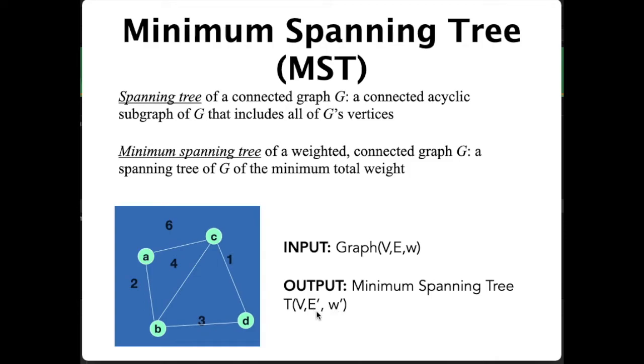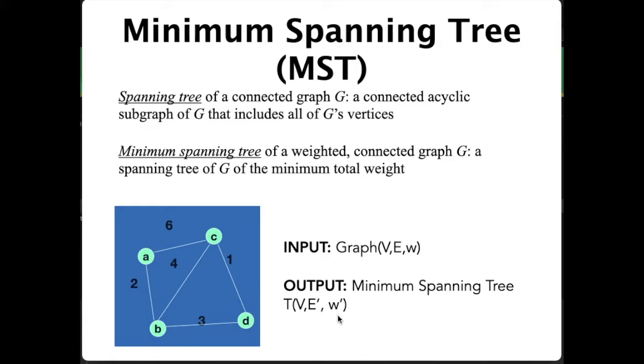Well, nabanggit ko before that the most intuitive way to solve a problem is by exhaustive search. We can generate all possible spanning trees given a graph. Pero, that is exponential in running time.